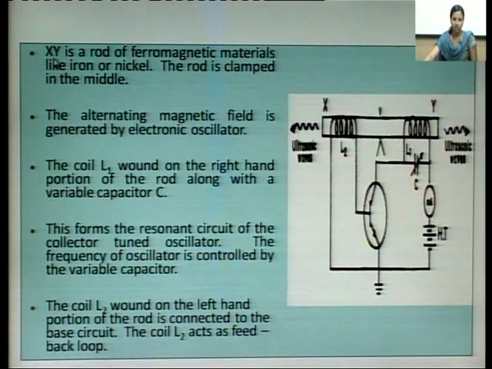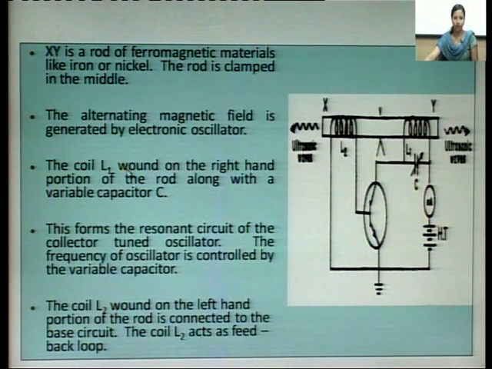XY is a rod made of ferromagnetic material like iron or nickel. It is clamped in the middle. The alternating magnetic field is generated by an electronic oscillator. L1 and L2 are two coils.